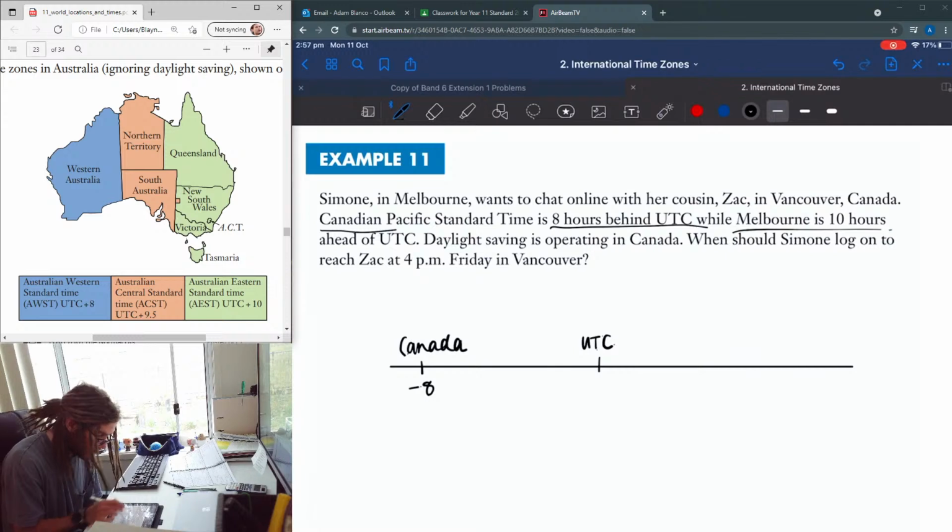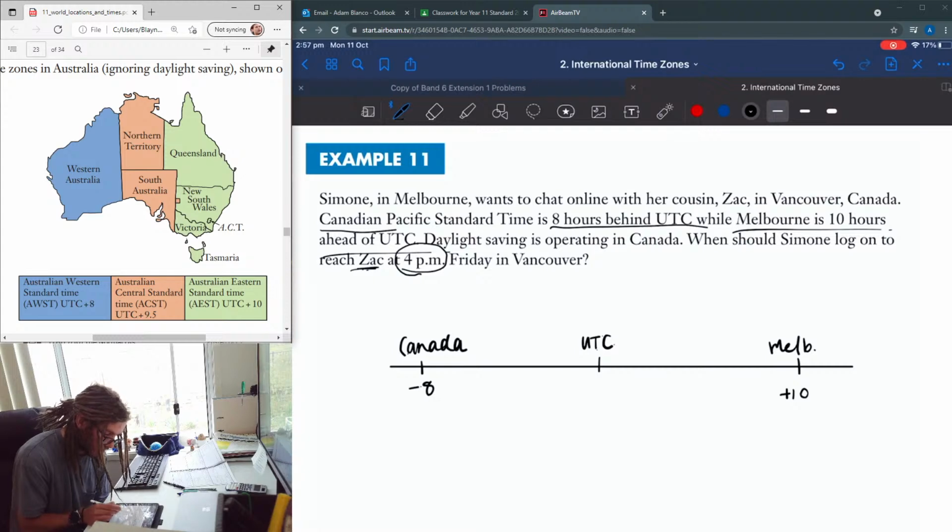And then Melbourne's 10 hours ahead, so +10, this is Melbourne. Forget about daylight savings for a sec. When should they log on to reach Zach at 4 p.m., forget about Friday for a sec, in Vancouver? So that's saying that it's 4 p.m. here.